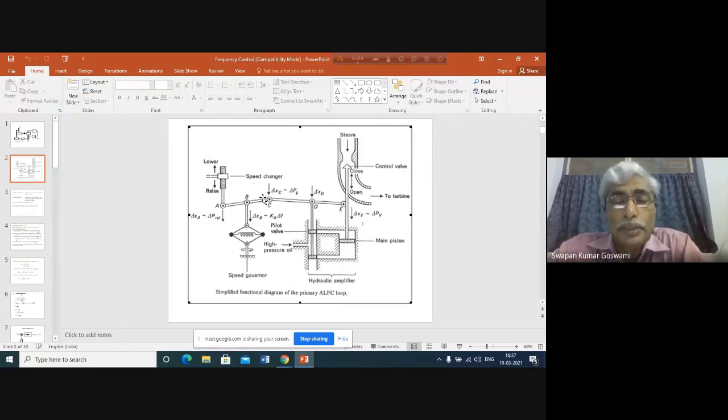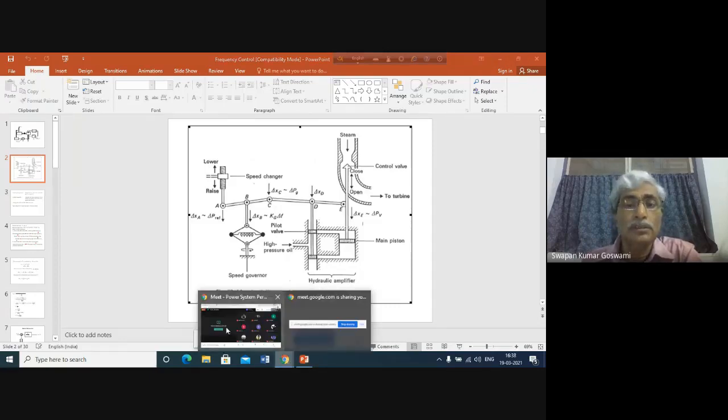Already I have mentioned that this is the schematic diagram, or simplified functional diagram, of the primary ALFC loop. ALFC, as we have mentioned, means the automatic load frequency control loop.